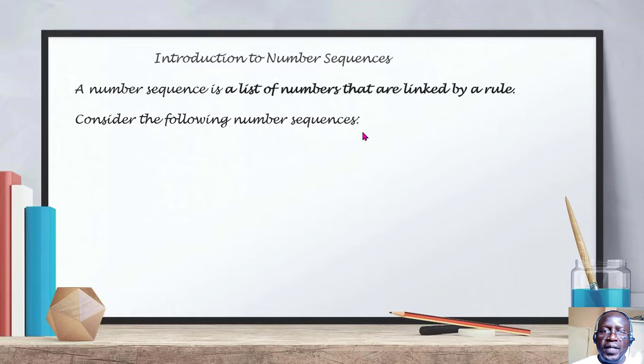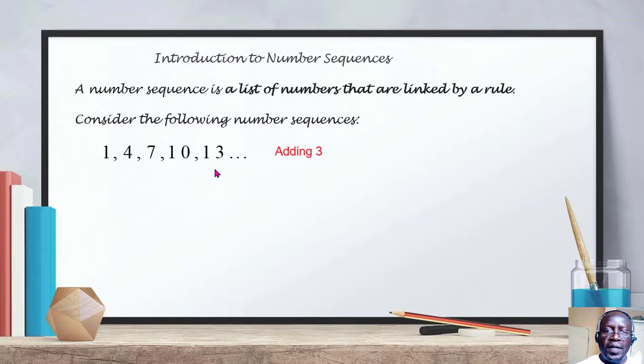Consider the following number sequences: 1, 4, 7, 10, and 13. These numbers are in a sequence. Can you figure out what sequence these numbers are in?